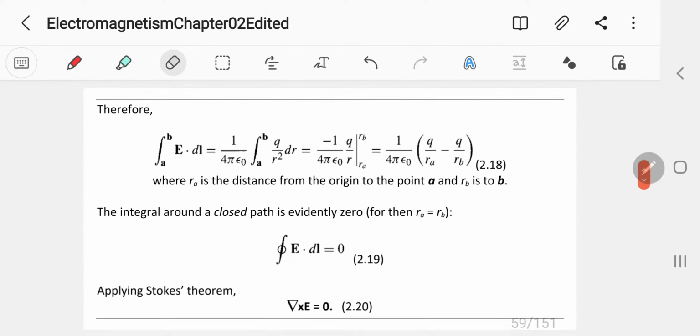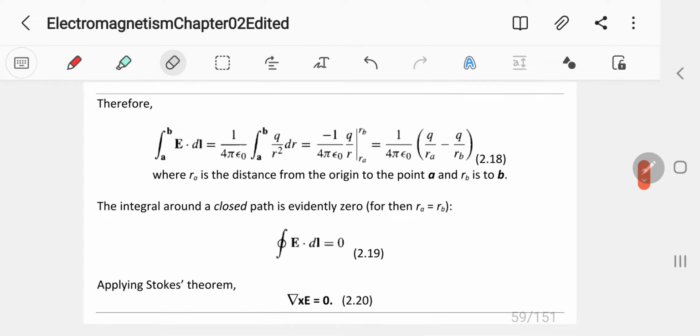So if you have a point charge, you can take the q out of the integral and just integrate dr over r squared, which gives you 1 over r, and then you evaluate it from RA to RB, since your path goes from RA to RB.